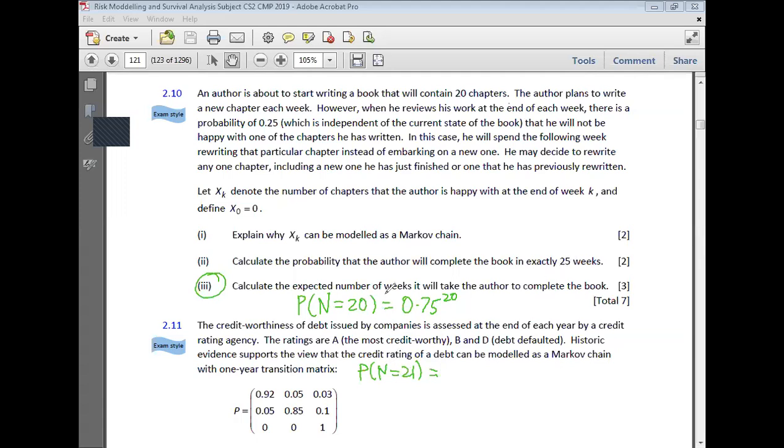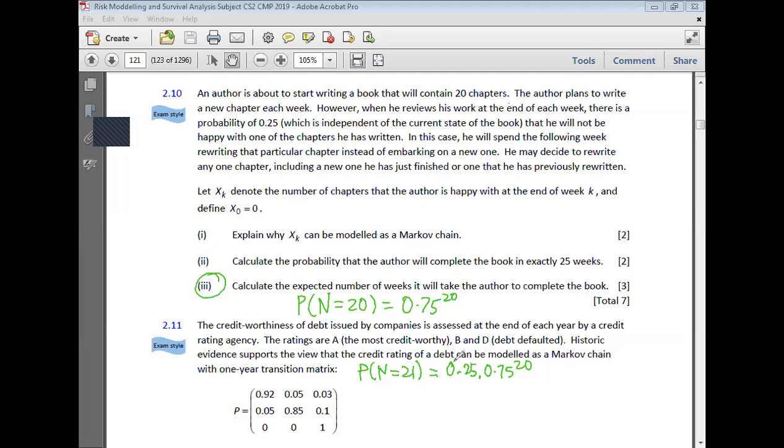So I'm saying that he finishes the book in exactly 21 weeks. So I know that the very fact that he has finished the book, he is happy 20 times. And because there's one added extra, so I know he didn't really like his chapter once. So I'll have this thing multiplied by 0.25.